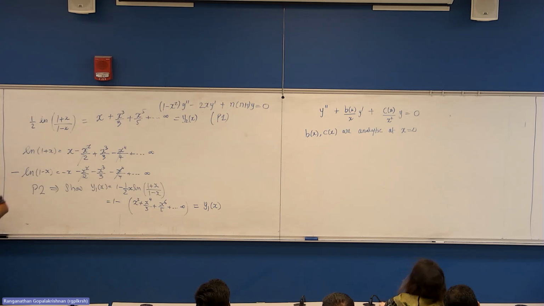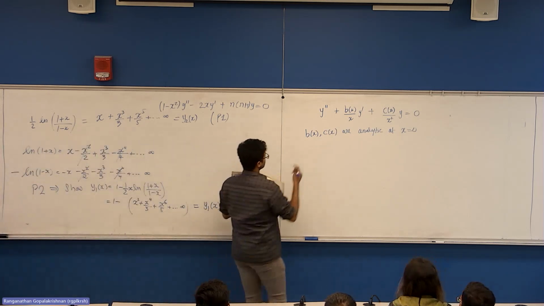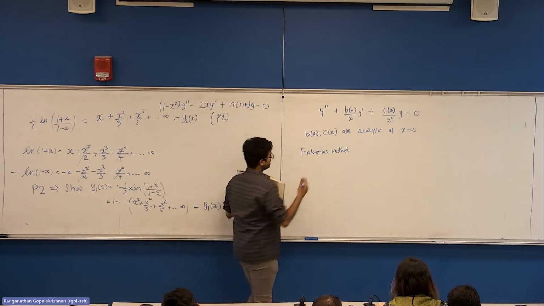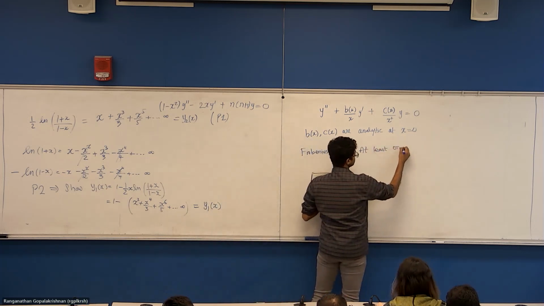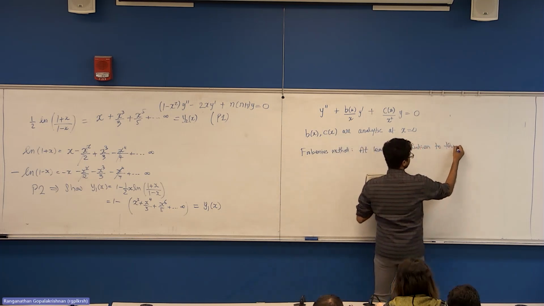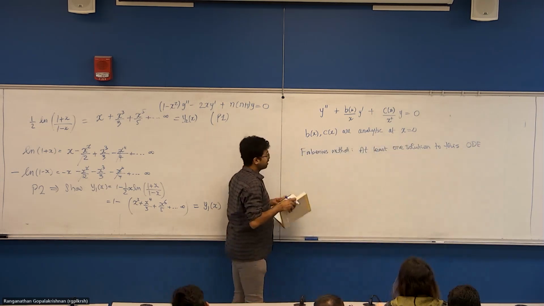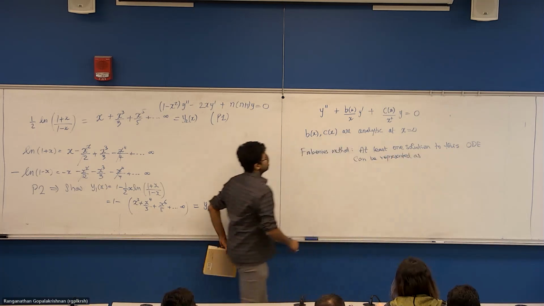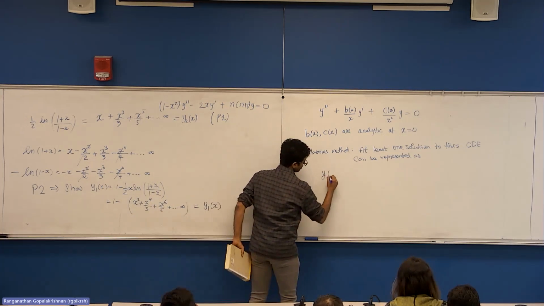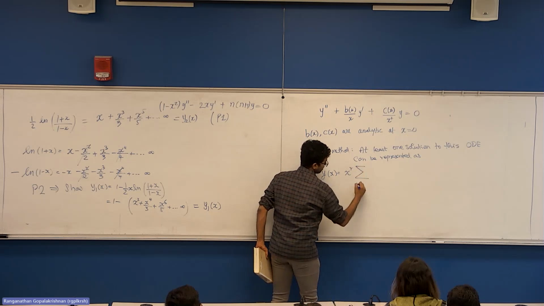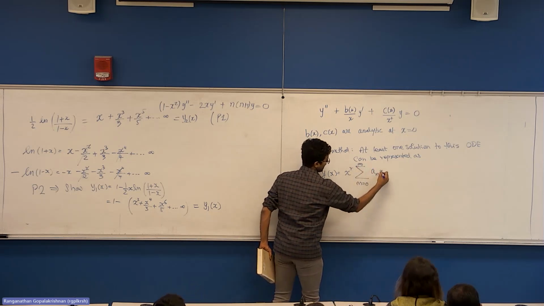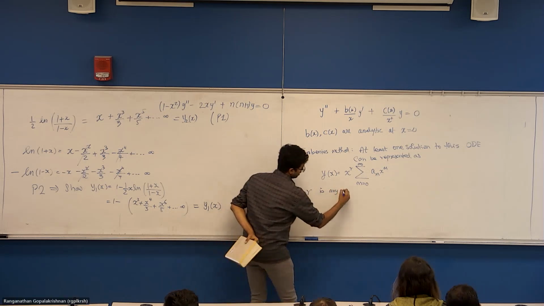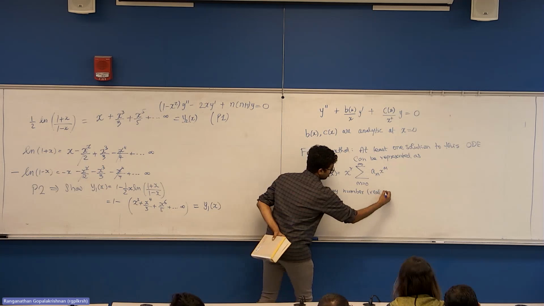So when we encounter equations of this form, the Frobenius method is to say that at least one solution to this ODE can be represented as y of x equal to x power r multiplied by an infinite series, m equals 0 to infinity, a_m x power m, where r is any number, real or complex.